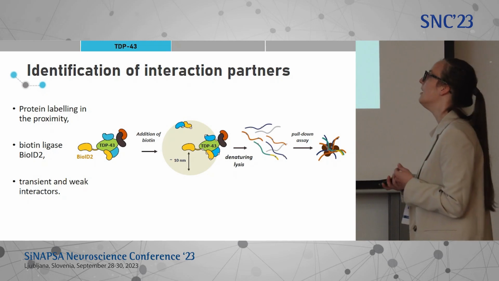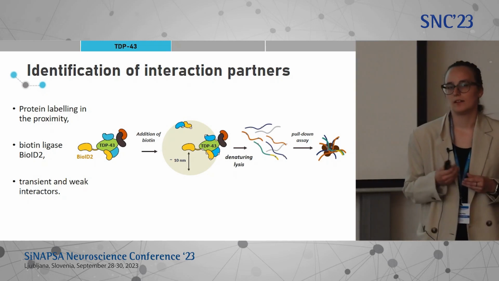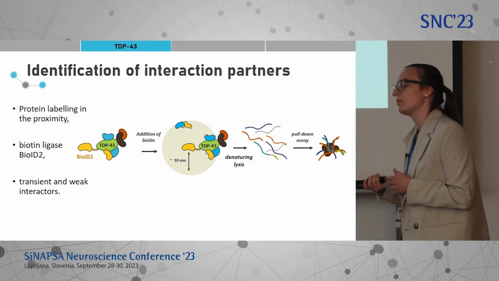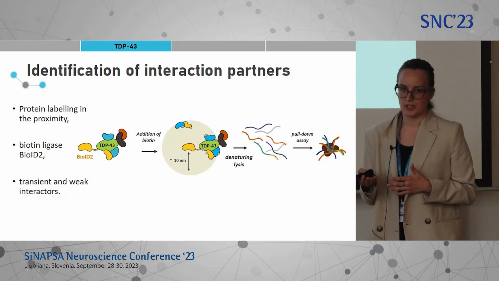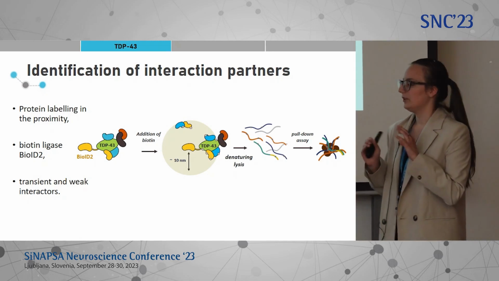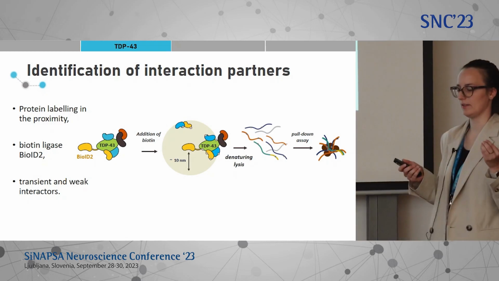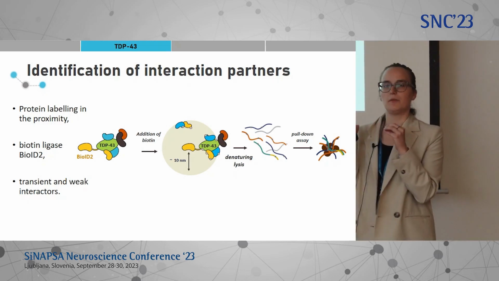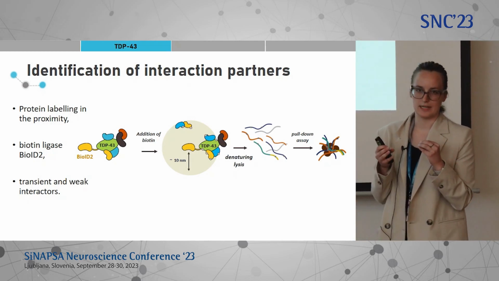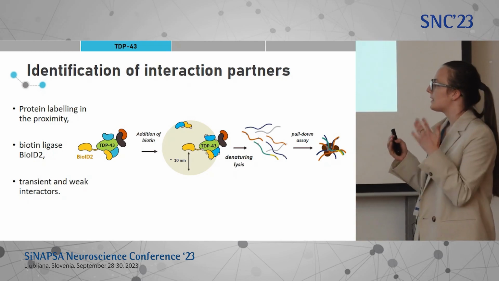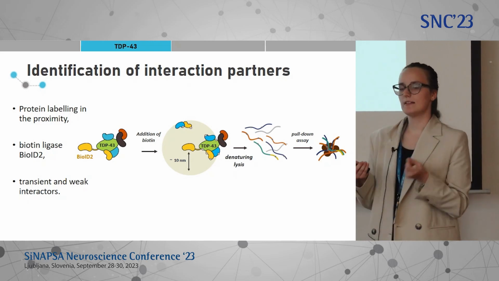When examining the interactome of proteins, we have different methods at our disposal, and one of them is the biotin identification method, BioID. In this method, you can pretend you have biobricks. You take BioID, which is a biotin ligase, and put it together with your protein of interest, which in our case is TDP-43. You then express this fusion protein in cells and add biotin.